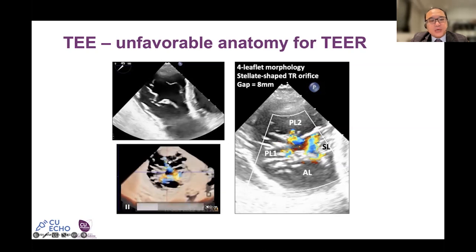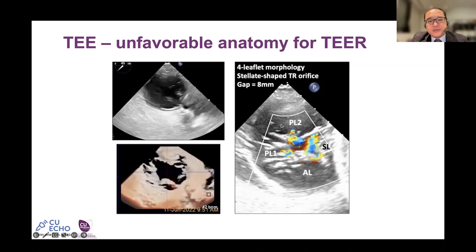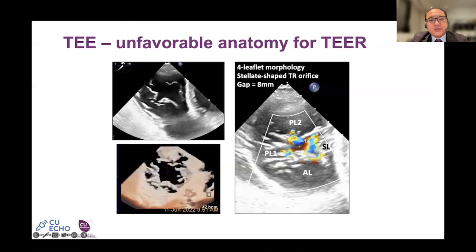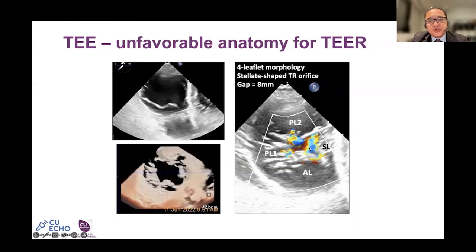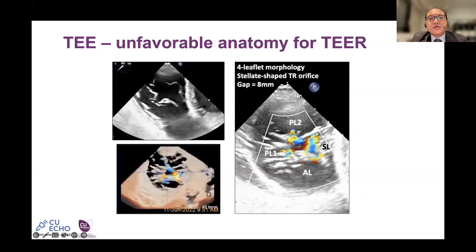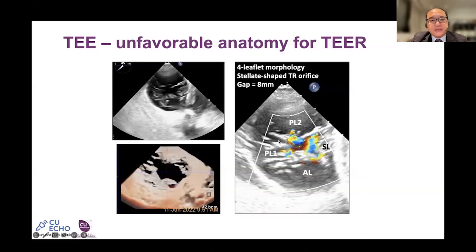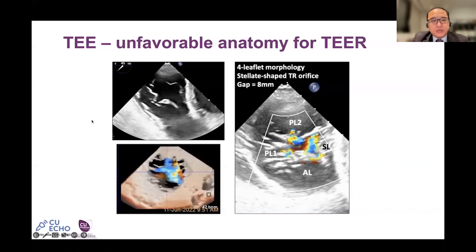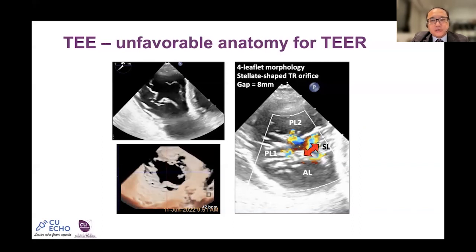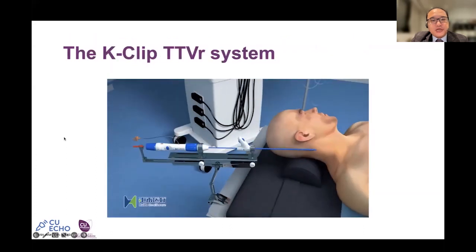The regurgitation orifice, instead of a focal circular orifice confined to the anteroseptal coaptation, is a star-shaped TR orifice that basically involves all the leaflet coaptations. So we thought that this patient is not a suitable case for TEER.